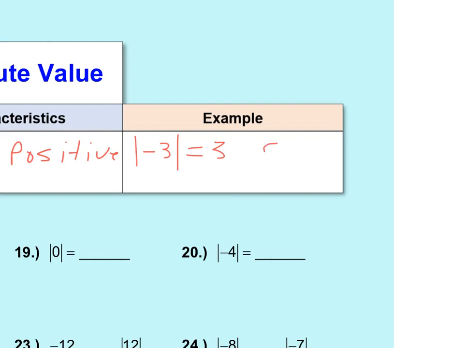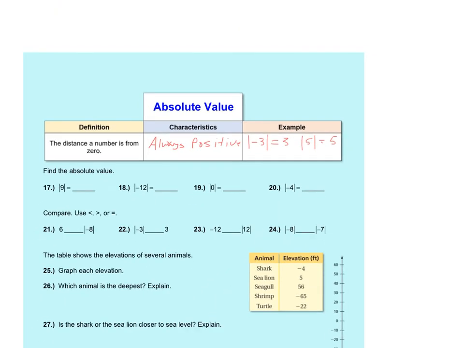So let's say I have the number 5. I put the bars around 5. We want to find the absolute value of 5, which is also 5. One thing that people do is they tend to just switch the sign. Well, that's sort of right. That's correct when it's a negative, but as you see with the positive, it just stays positive. Remember, absolute value is always positive.